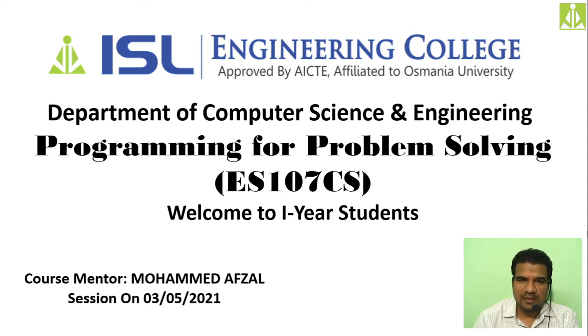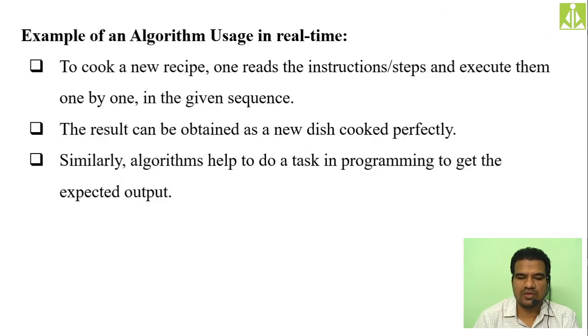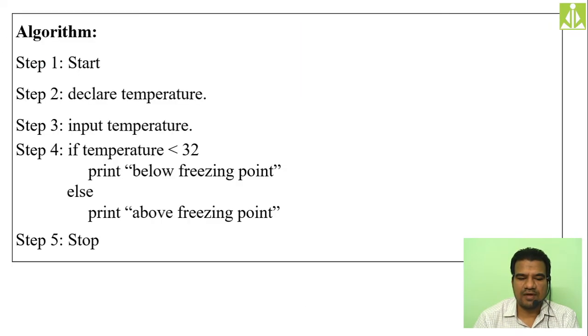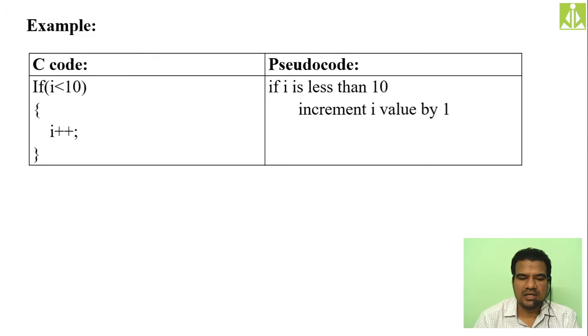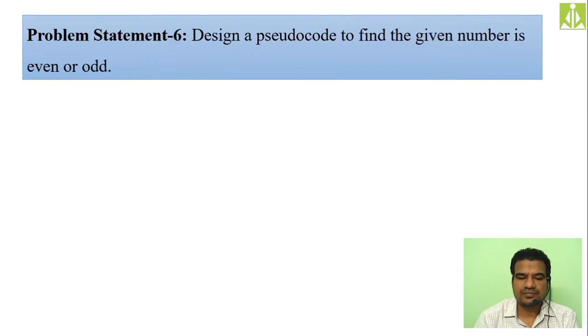So quickly, in today's session, we'll move ahead and see what concepts we have to discuss. The program development steps we were discussing, and in that the flow charting concept. If I move to that slide, the pseudocode we discussed, then the flow chart.